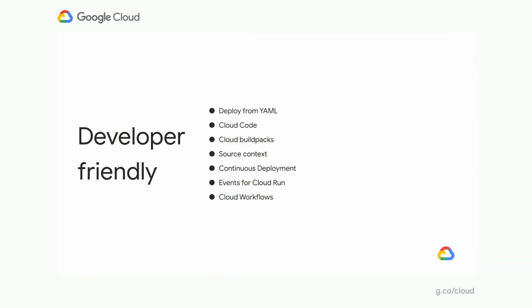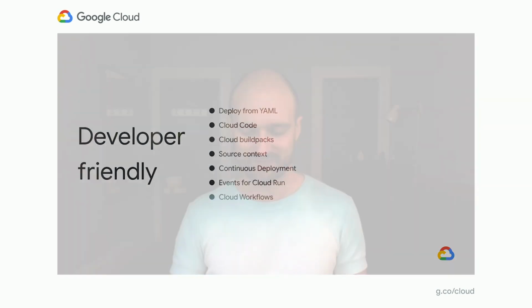So that's it. That's how we have made Cloud Run even more developer friendly over the last month. And we are not stopping there, of course. Now let's see how we've heard your feedback, and we've been removing some of the limits that Cloud Run had at the beginning by giving you more flexibility.